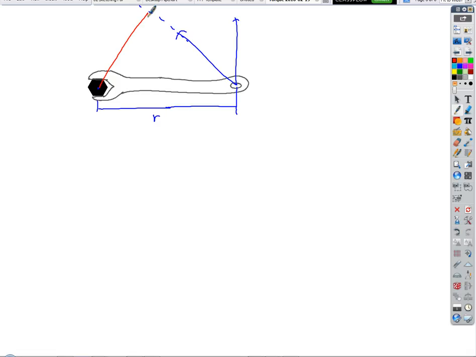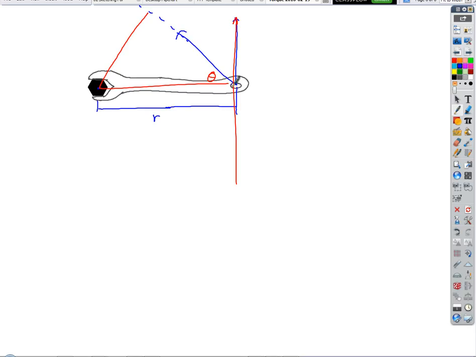I want to push perpendicular to the wrench, because then the line of force extends the entire length of the lever, and the lever arm ends up being as long as the lever. Does that make sense? We call the angle between the line of force and the lever theta. So then what's the component? Let's say this is my force vector.